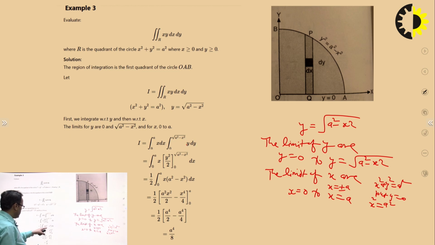After multiplying, x is equal to 1 by 2 ∫ x(a² − x²) dx, that is, x a² − x³ dx, and integrating with respect to x: a² x²/2 minus x⁴/4, limit 0 to a, multiplied by 1/2, is equal to 1/2 (a⁴/2 − a⁴/4).